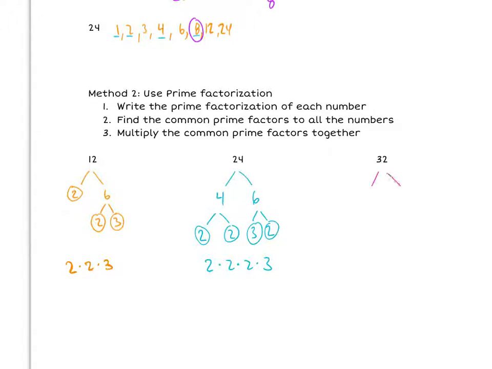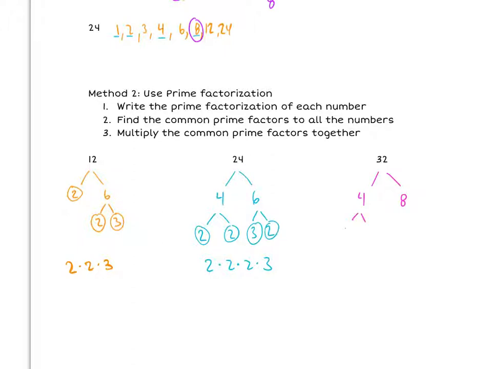Then we're going to do number 32, the last one here. What numbers multiplied by each other equal 32? 4 and 8.